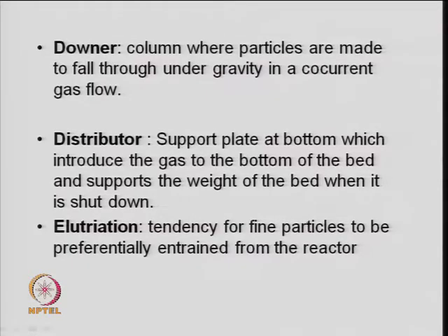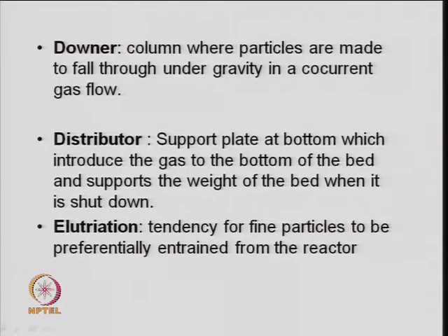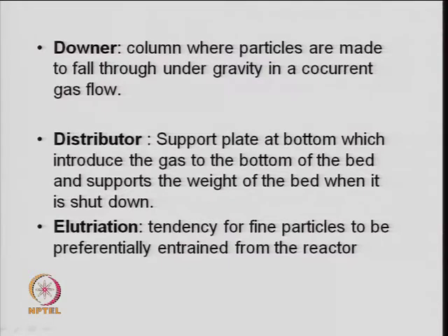Then the downer, because the solids are moving up and coming down also. A downer is a point in the column where the particles are made to fall through under gravity in a co-current manner. The gas is moving up and, because of gravity, the particles have a tendency to fall down. You are trying to find the pressure drop and the velocity where the weight of the particle should be overcome, and then the particle will start bubbling or moving up. So, this is the point required in this case. The downer is the column where the particles are made to fall through under gravity in co-current gas flow.